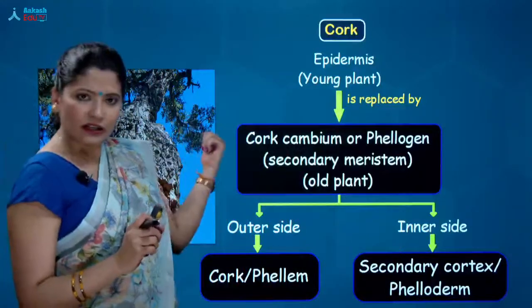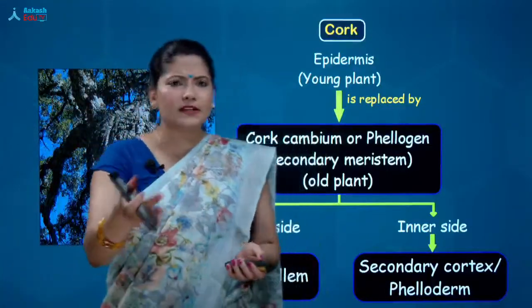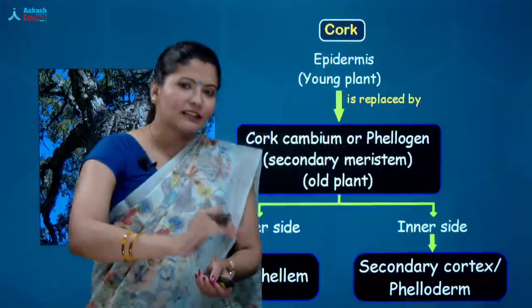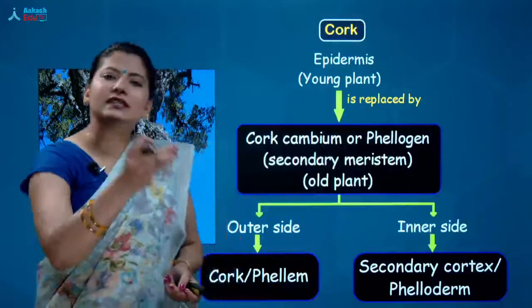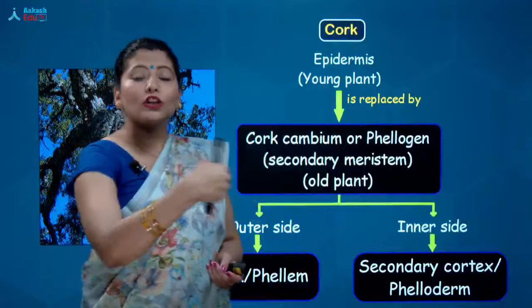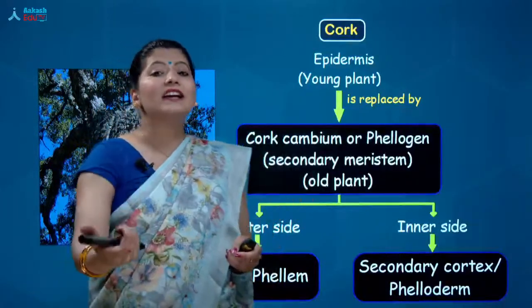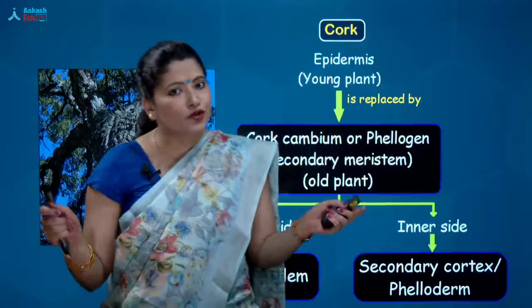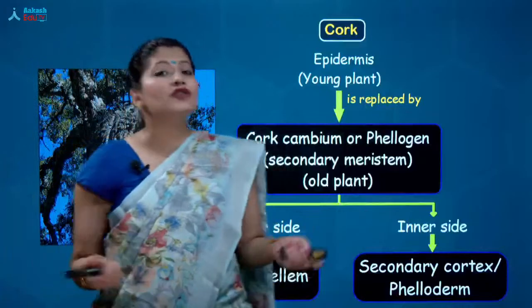Epidermis we have done. These are the cells covered by the cuticle. Cuticle is made up of cutin, which is secreted by the epidermal cells themselves. Then I told you that because of the presence of this cuticle, it prevents the plant or the organ from the invasion of pathogens as well as it checks water loss. So these were the functions of cuticle. Then we have done the function of stomata.